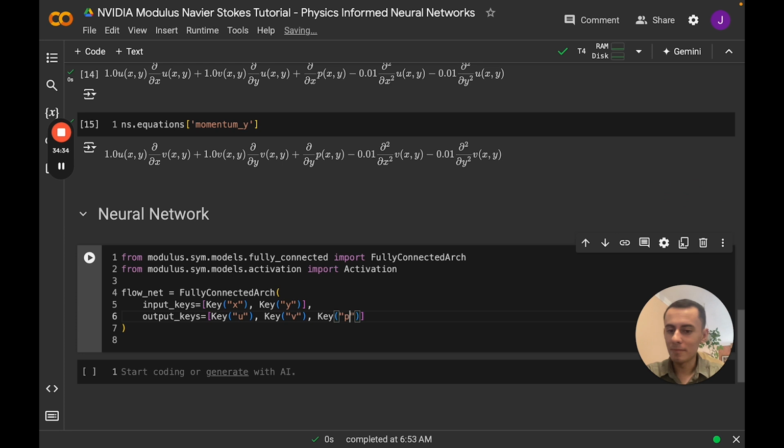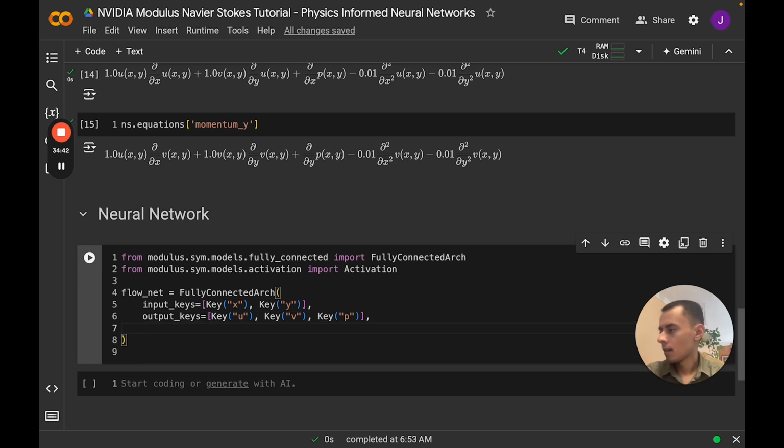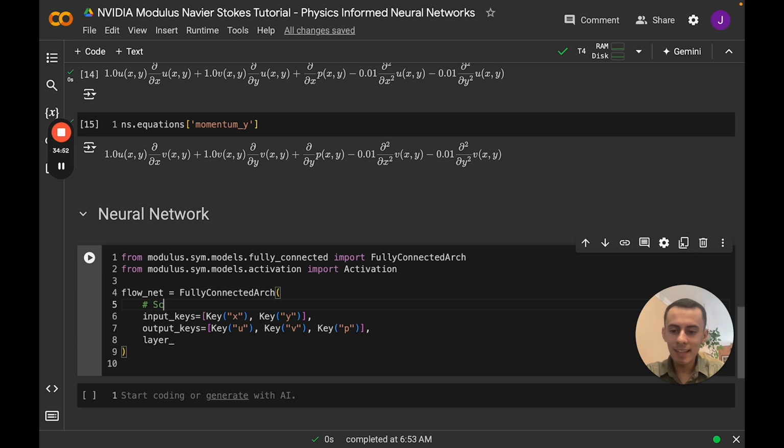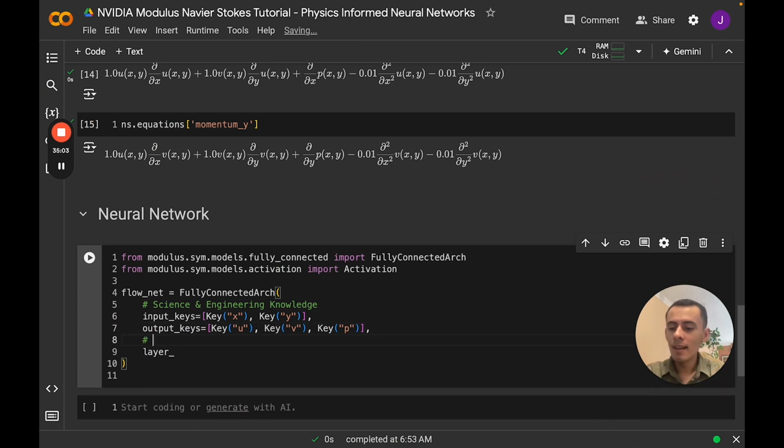We're thinking about points here, right? An X and Y point, of course, an input, corresponds to UVP output at a given point in the domain. U is the horizontal component of the velocity, V is the vertical component of the velocity, and P is the pressure. And this is the science and engineering knowledge. That's as far as you need to know: the inputs and outputs, the definition of the problem, and the constraints, which we're going to cover later.